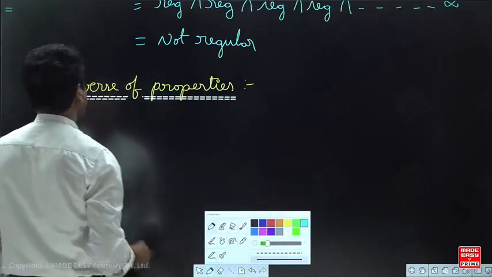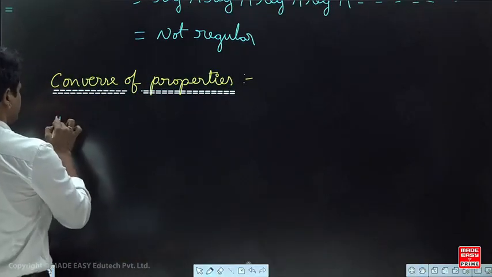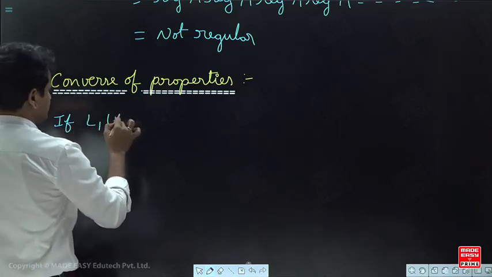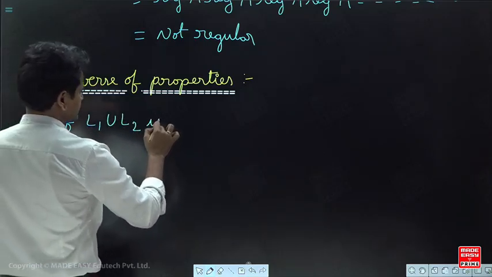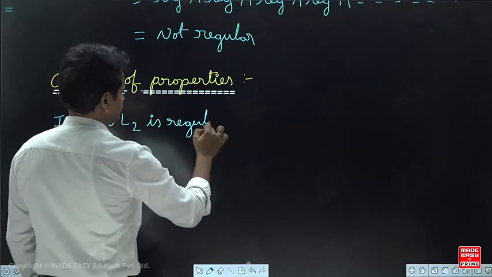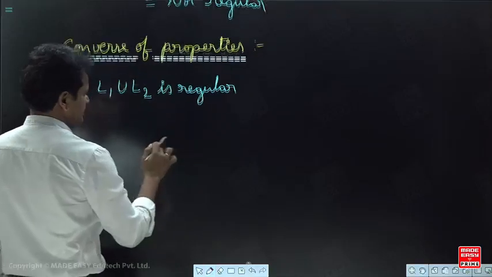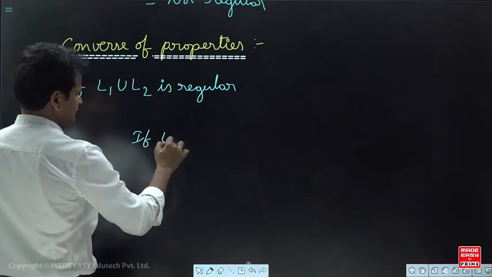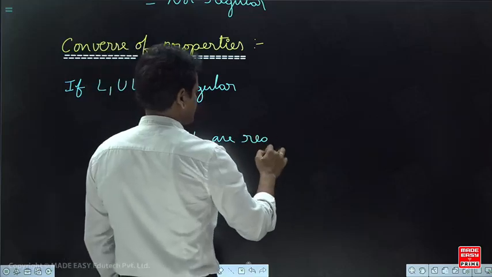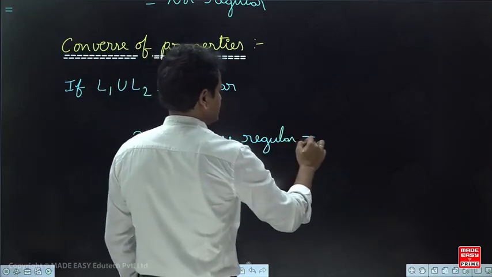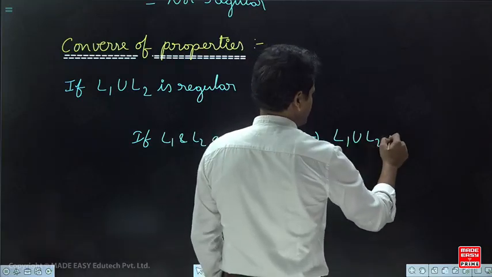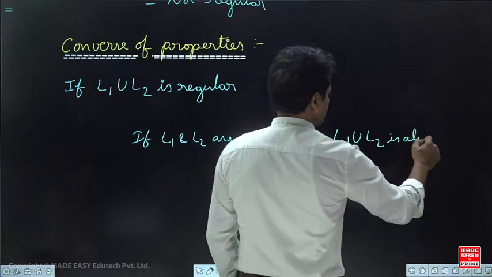Just look at this. If L1 and L2 are regular, then what we have learned is that L1 union L2 is also regular.